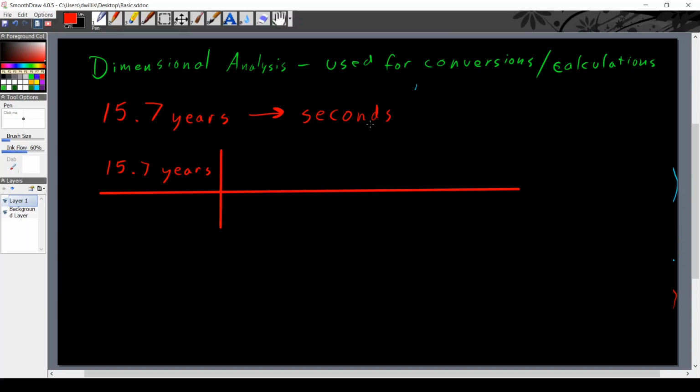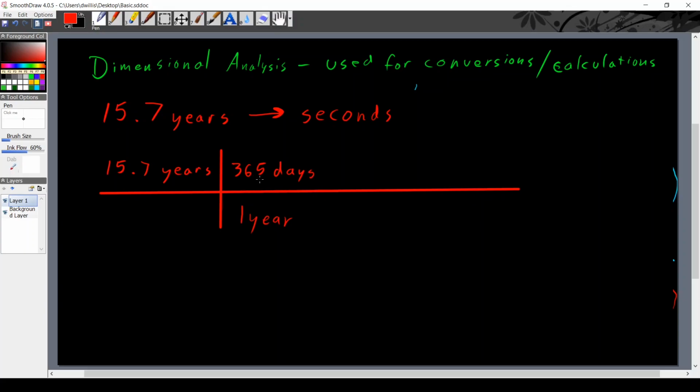Now, I'm trying to get to seconds, so what I'm going to do is I'm just going to work to gradually smaller and smaller units of time using units that I know. And I happen to know that 1 year is equal to 365 days. Now that's the unit conversion we're going to use. It's actually 365.25, but we're just going to stick with 365 for convenience.